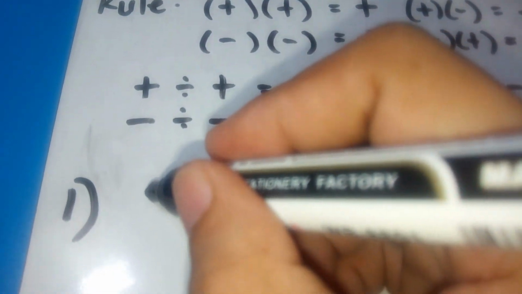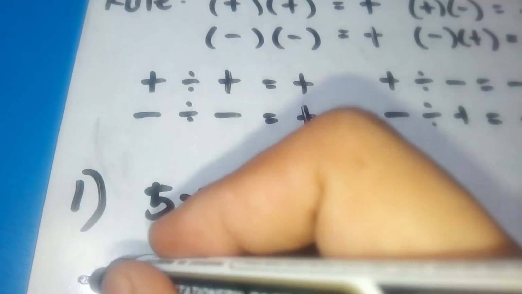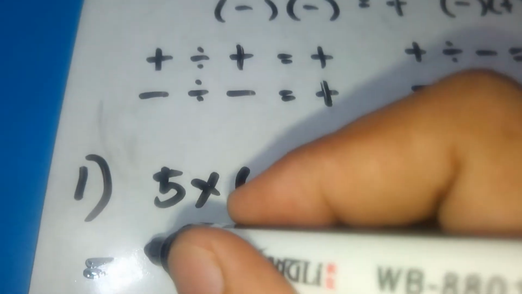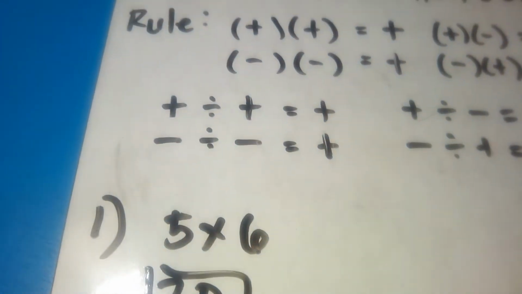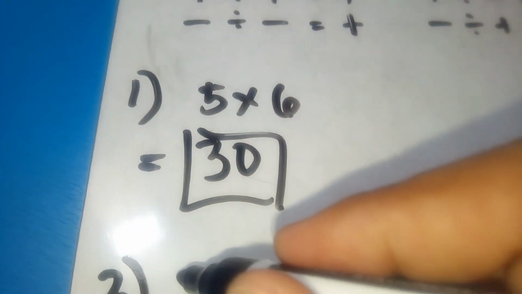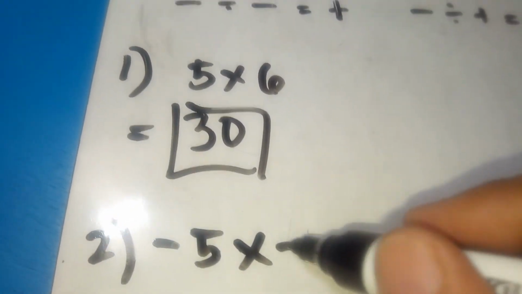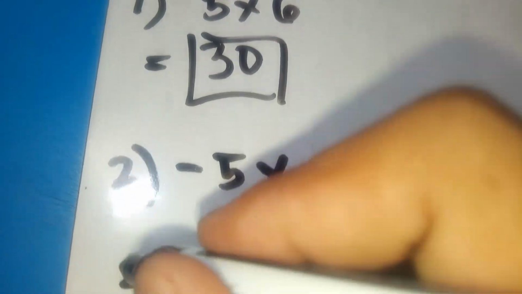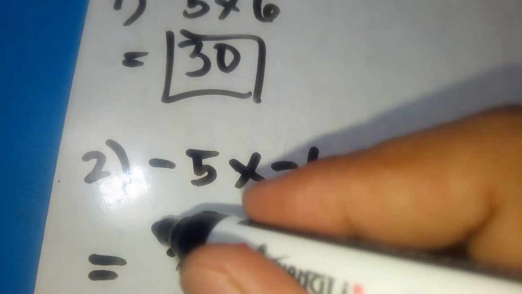You have a positive 5 multiplied by positive 6, the result will be positive 30. And a negative 5 multiplied by a negative 6, the result will be positive also.